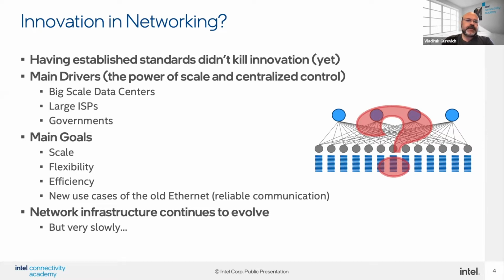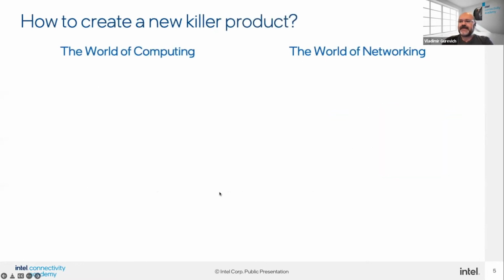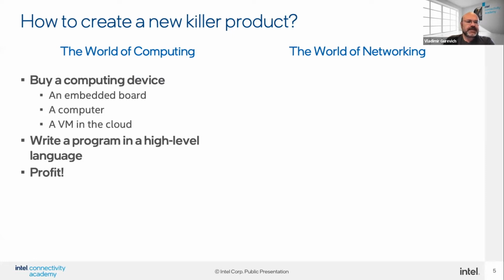Well, if we think about our standard computing infrastructure, innovation happens very, very quickly. And it is available pretty much to everyone, right? All you need to do is buy some computing device, depending on what kind of project you have. It's all available to any student at any university. You can buy a small embedded board like a Raspberry Pi.